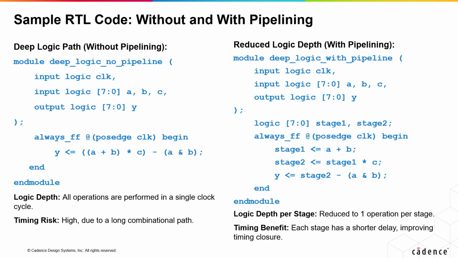The first RTL code is the design without pipelining, and the second RTL code is the design with pipelining. In the design without pipelining, all the logic operations are performed in one clock cycle, leading to timing issues due to long combinational paths. In the design with pipelining, the operations are reduced to one per stage, shortening the delay and making timing closure easier.